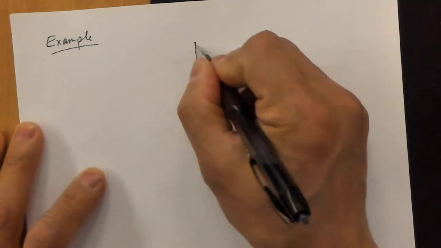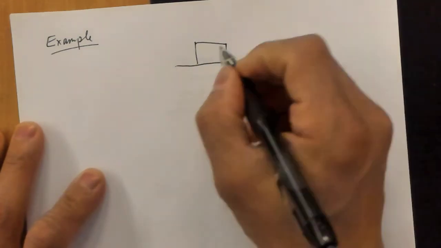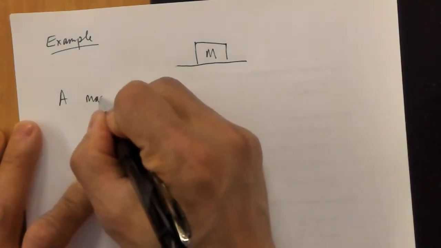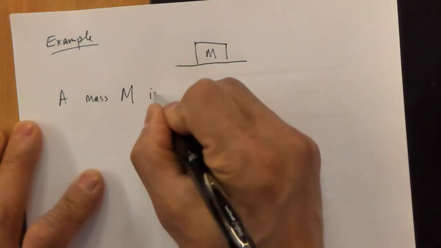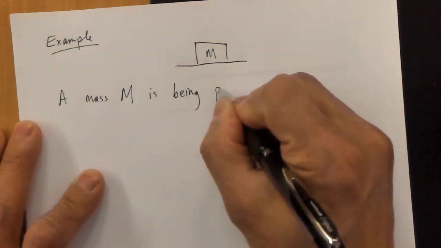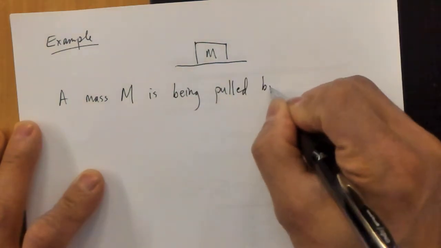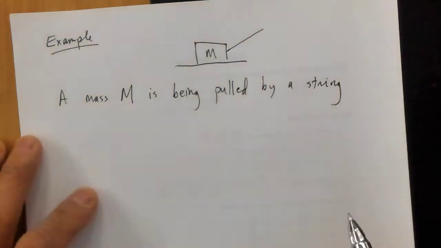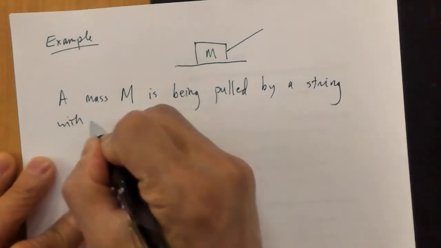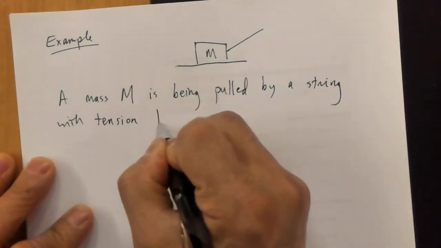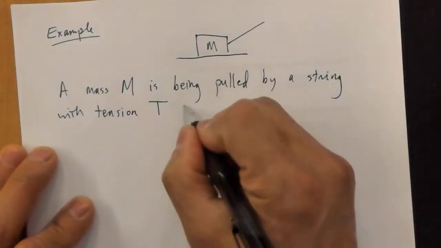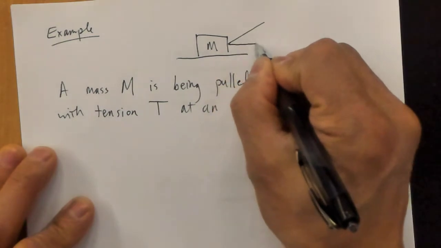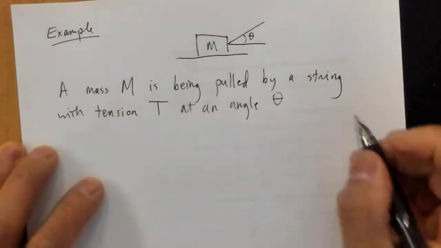All right, so let's suppose I have a mass. It's M, like this. Okay, so let me start writing here. A mass, capital M, is being pulled by a string, which I'll draw in a second, with tension, capital T, at an angle theta from horizontal.